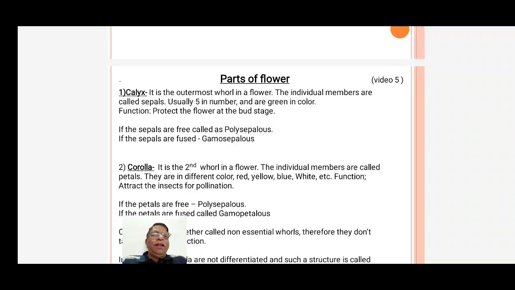The individual members are called sepals. Sepals are usually 5 in number. Sepals are normally green in color.